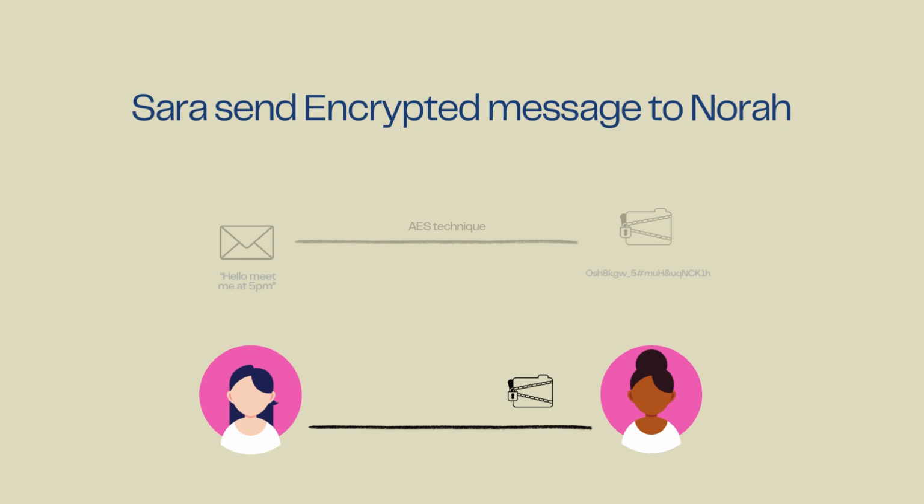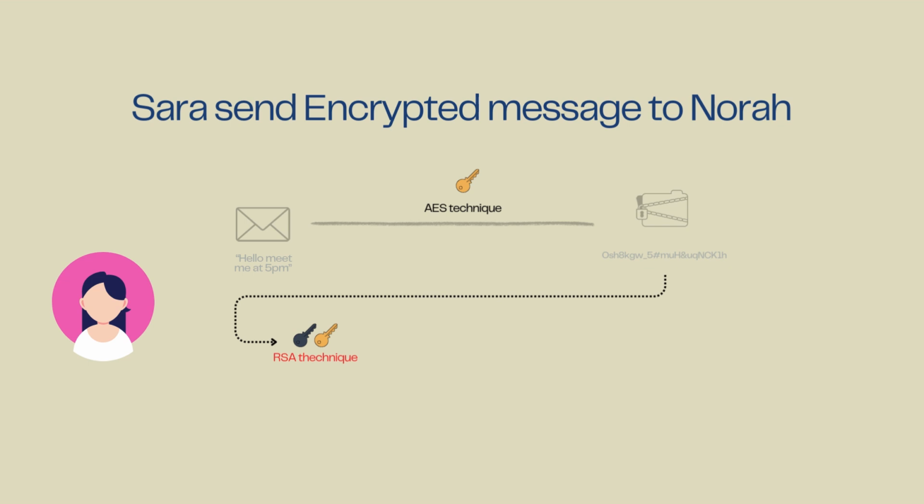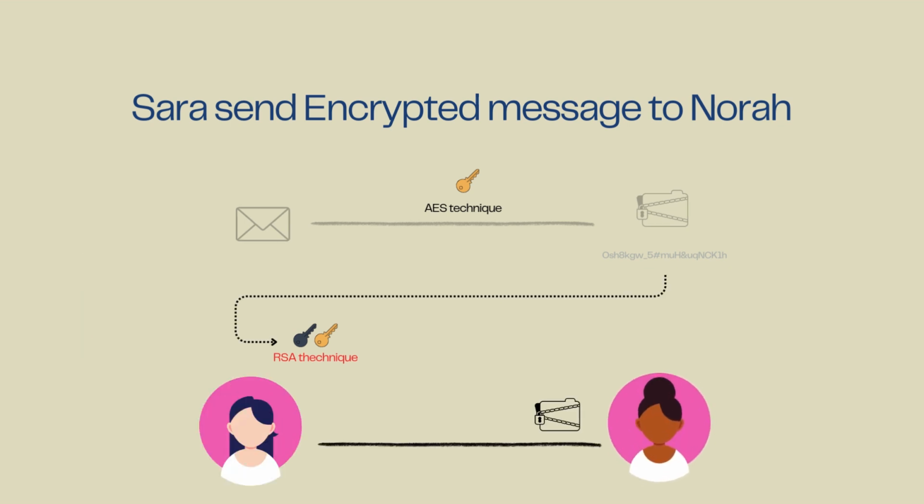But there's a challenge. How can Sarah safely share the secret AES key with Nora? To solve this, Sarah uses RSA, an asymmetric encryption algorithm. She encrypts the AES key using Nora's public RSA key. Since only Nora's private key can decrypt it, no one else can access the AES key.